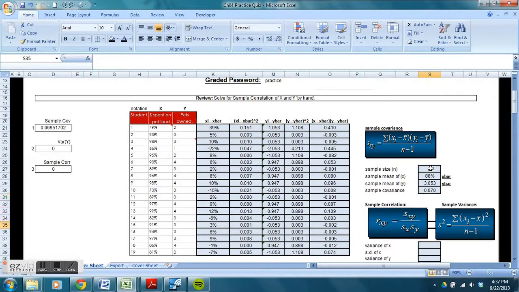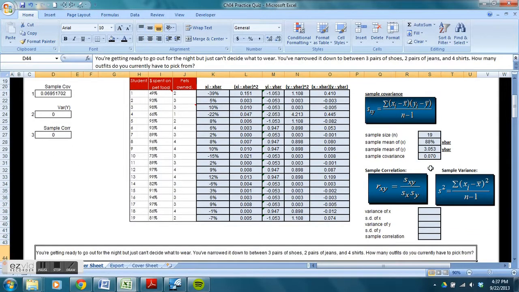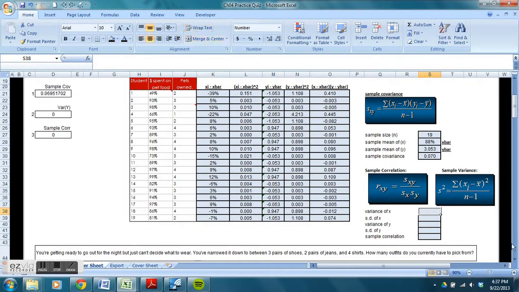Variance of x. So here's our sample variance formula. And we're taking the sum of xi minus x bar squared. So find your xi minus x bars. That's right here. Now we want to sum them and divide that by quantity n minus 1.